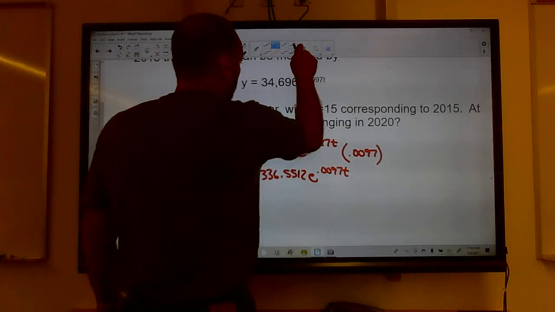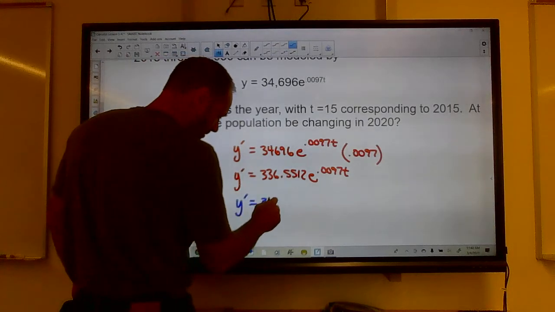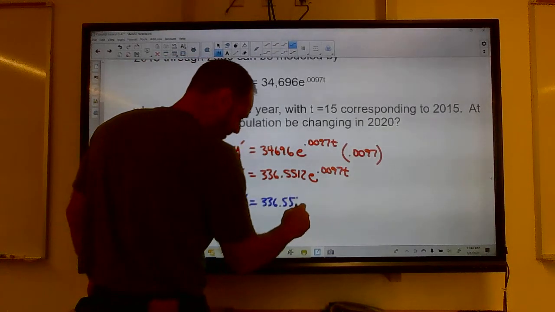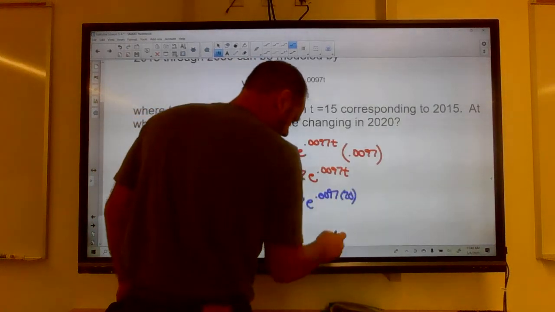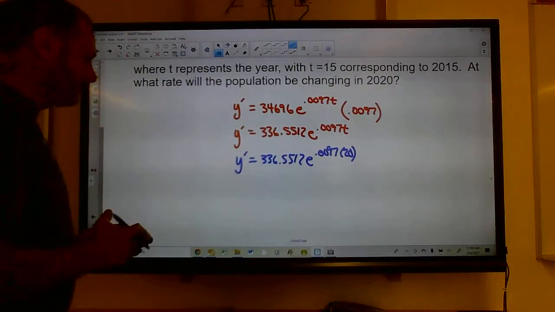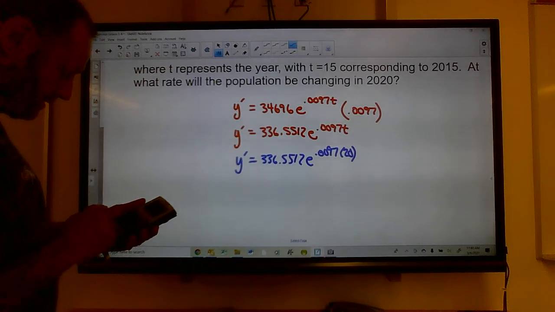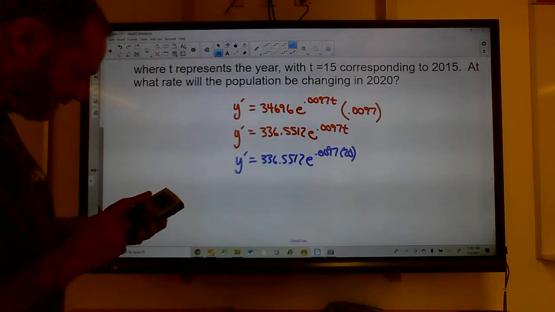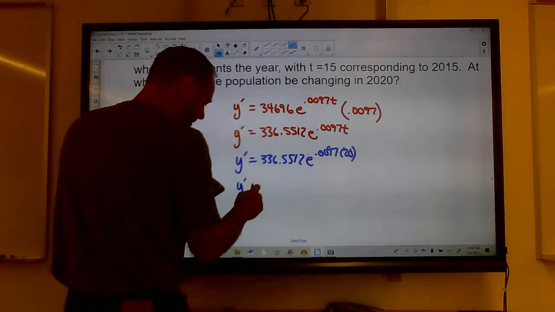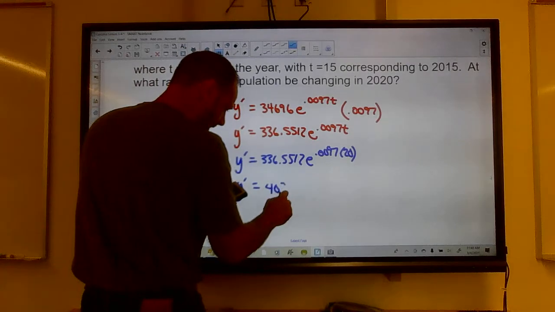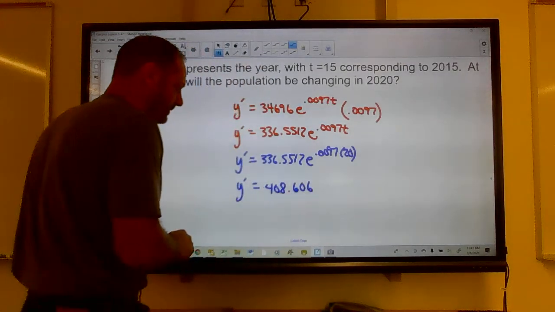Okay, so I'm going to go ahead and plug 20 in right here and go ahead and calculate that. So times e to the 0.0097 times 20 power. So y prime comes out to be 408.606.